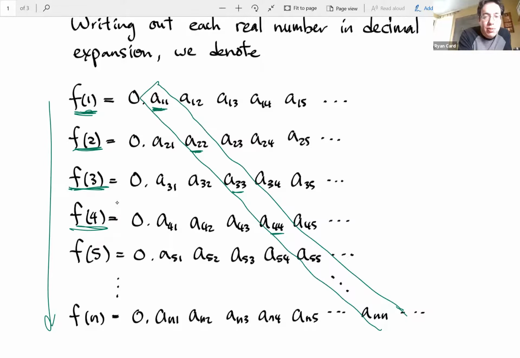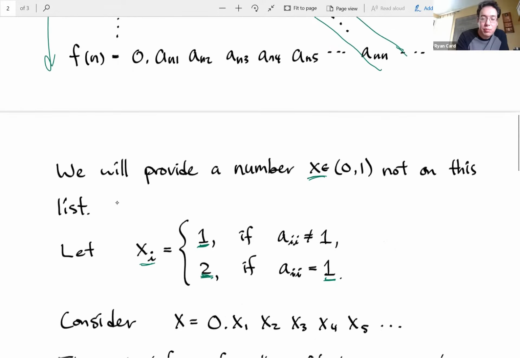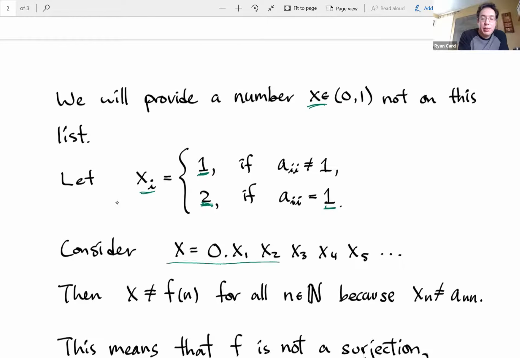As long as this digit is not equal to 1, I'm going to use the digit 1. If there happens to be a 1 in this diagonal, I'm going to choose 2 as the digit. And I'm going to put together a number using this decimal expansion. So all of these digits are either 1 or 2.